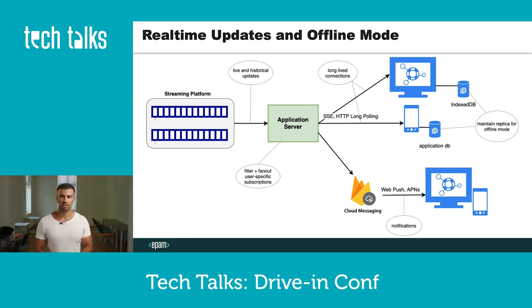And we can build architectures combining server-sent events or HTTP long polling techniques with long-lived HTTP connections to our application servers that serve as mediators in the backend. The application server could easily read from a streaming platform or a distributed log to catch up with historical data, sending it to devices that have fallen behind.